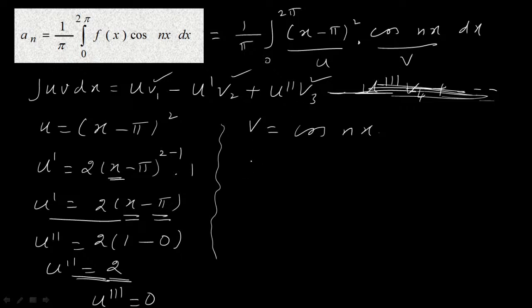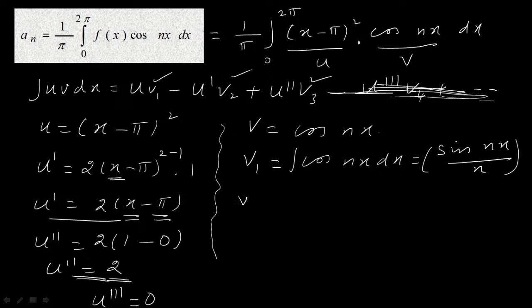Okay. Now here v1 is equal to, that is integrating cos nx with respect to x. While integrating cos we get sin nx divided by n. Next v2. v2 is nothing but you have to integrate v1 once again with respect to x.